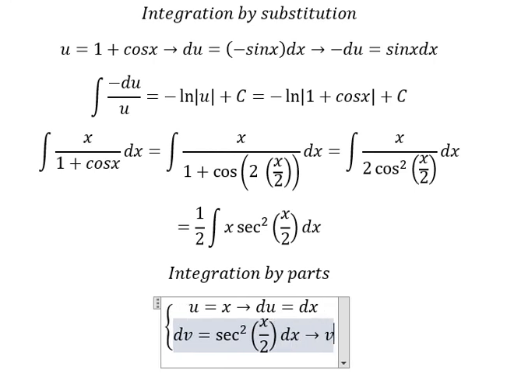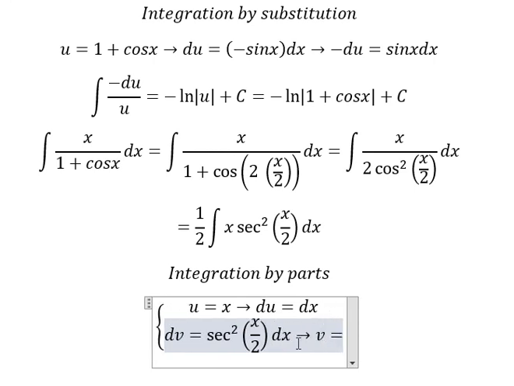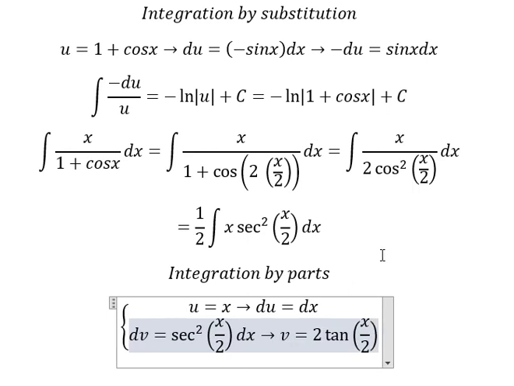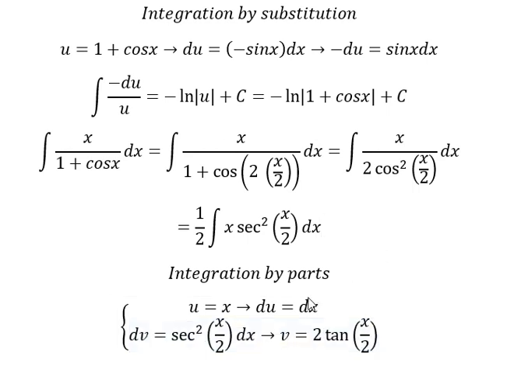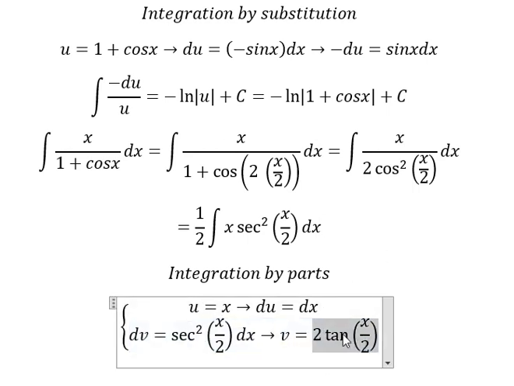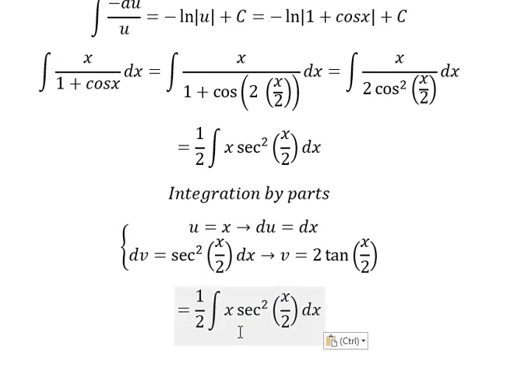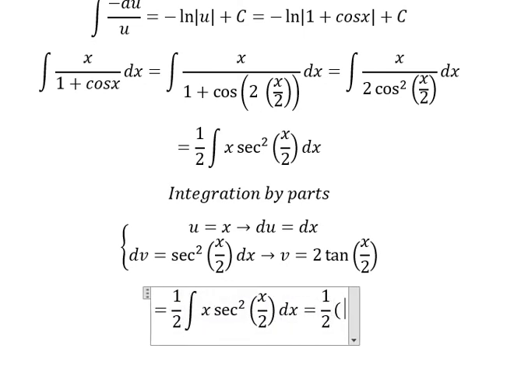The integration of this one, we have 2 tan of x over 2, because if we take the first derivative of this one, you get this one. Because we still have 1 over 2, so we keep 1 over 2 in here.